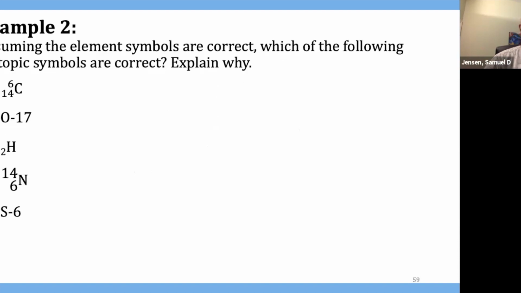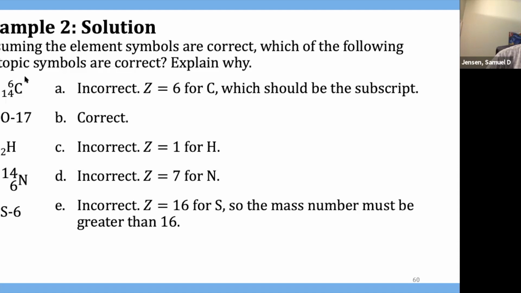This one here is looking at whether or not the symbol is written properly. 14 protons on the bottom for a carbon is not correct. Carbon has 6, so these two are swapped. Hydrogen doesn't have 2 protons.